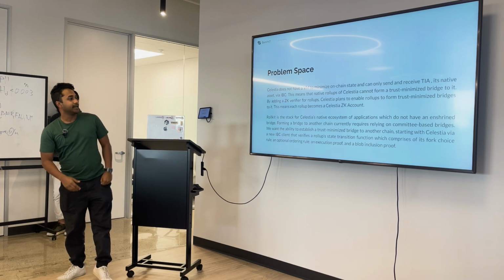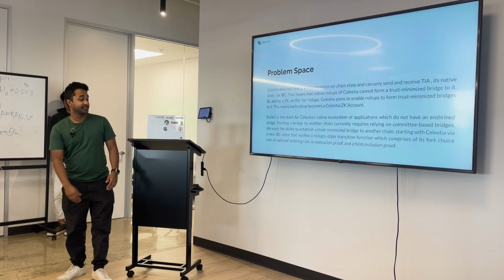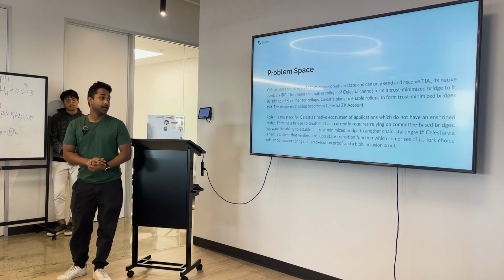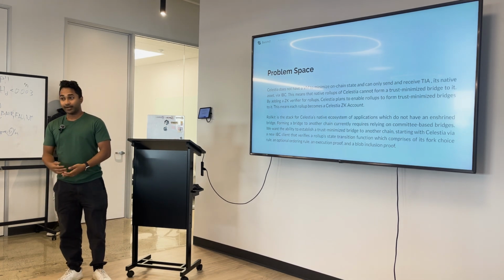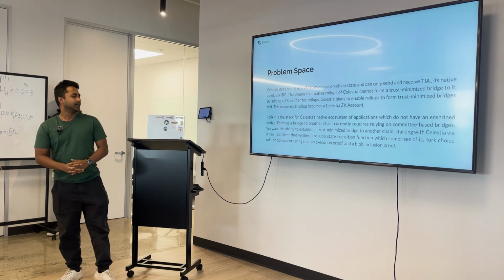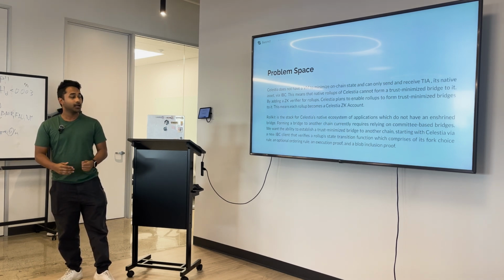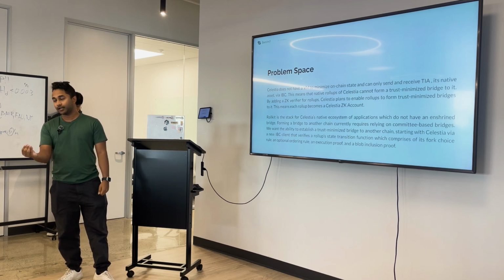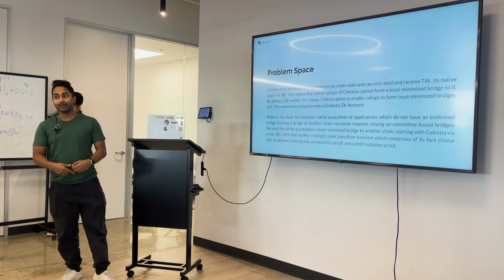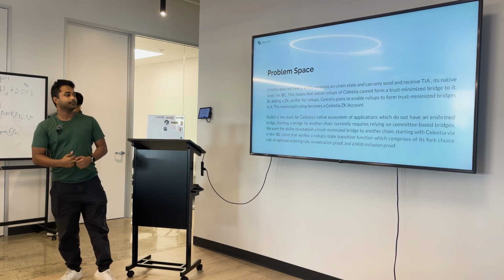And Rollkit is a stack for Celestia's native ecosystem of applications, which do not have an enshrined bridge, unlike the current L2s. So forming a bridge to another chain currently requires relying on committee-based bridges, because each chain that spins up is just an island in itself, and there's no way to form a trust minimized bridge to Celestia.